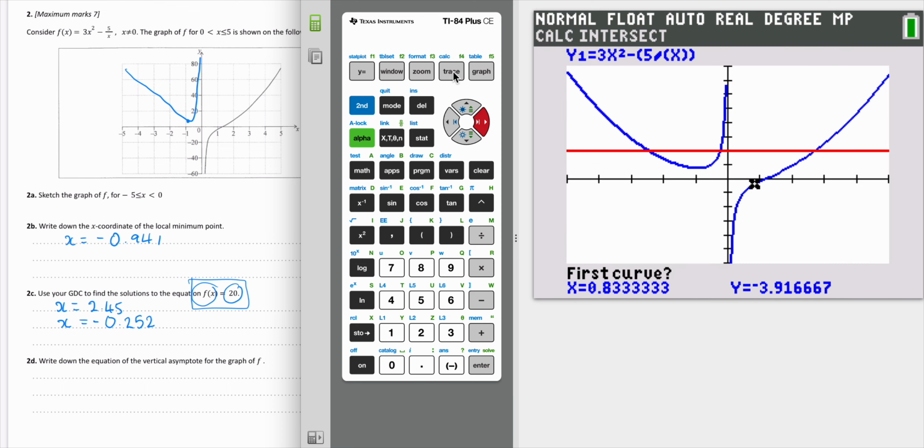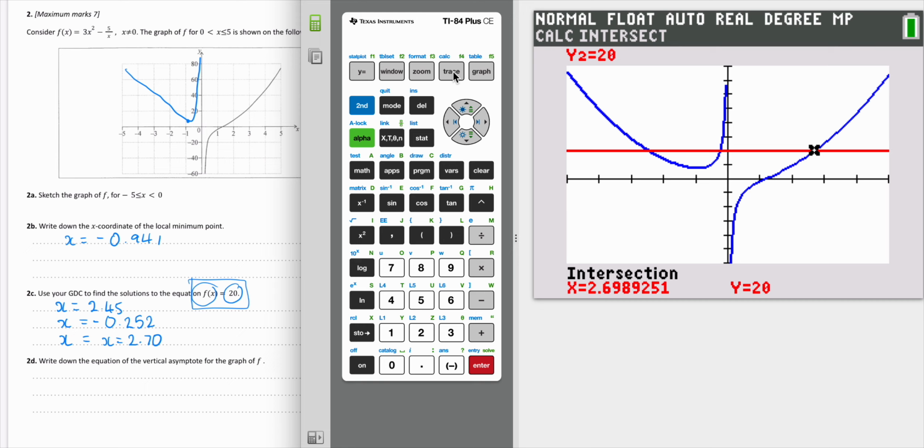And if we keep going across, so I'm just using my right hand button here, somewhere near to that intersection on both graphs. We press enter again, and we have a third solution at x equals 2.70 to 3 significant figures.